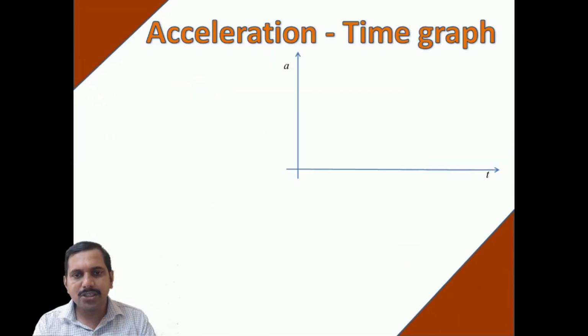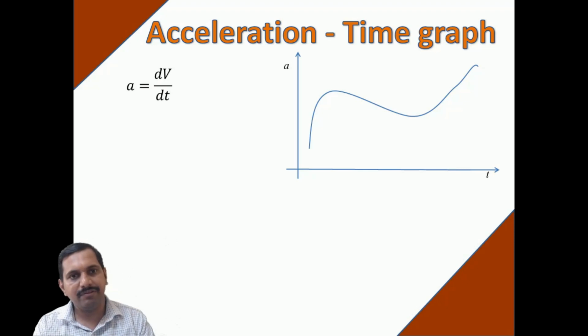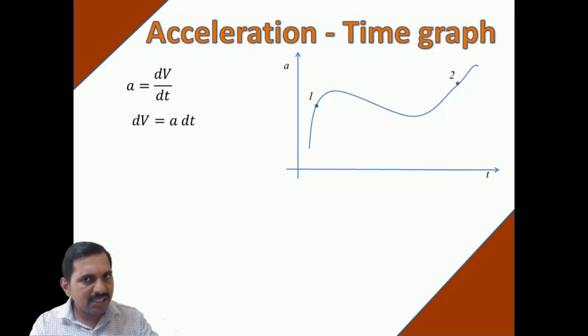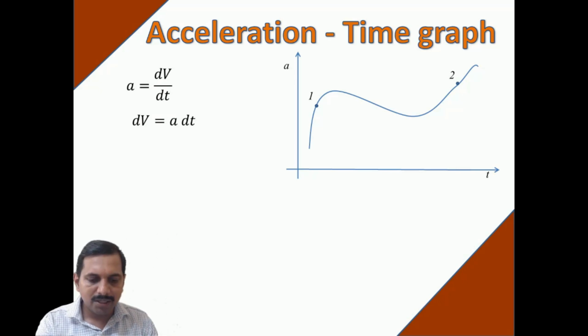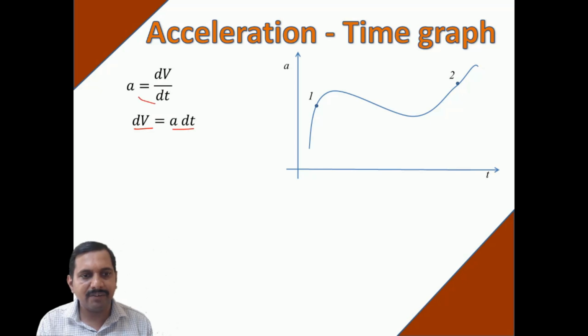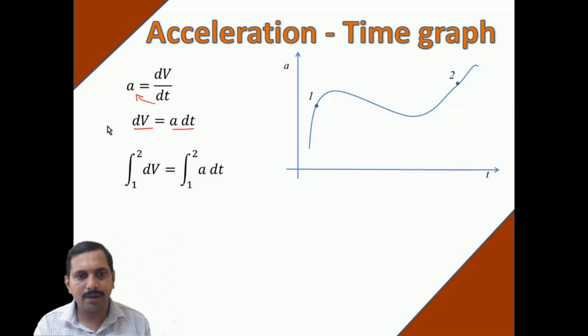Next, let us talk about the acceleration versus time graph. Now, we know a is dv by dt. Can we take some gist out of this, just like the velocity versus time graph? See here, the change in velocity dv is a into dt, just that I have taken this on this side. Now we are integrating both sides from point 1 to 2.